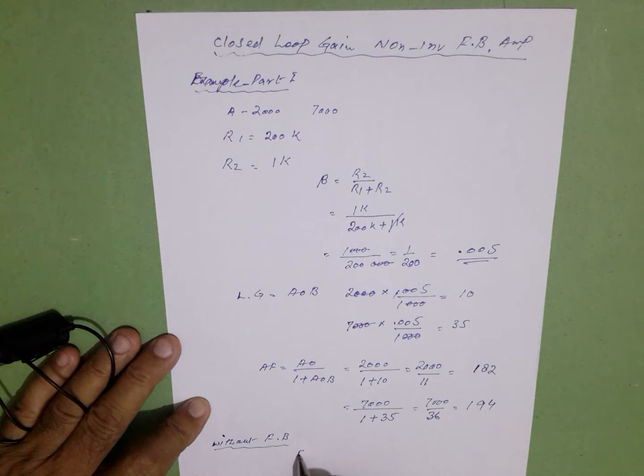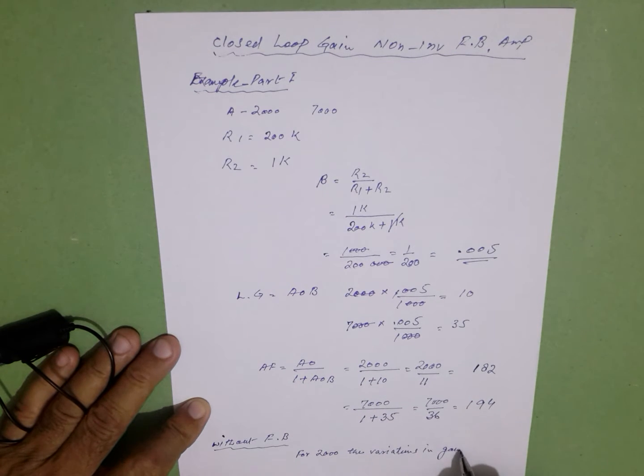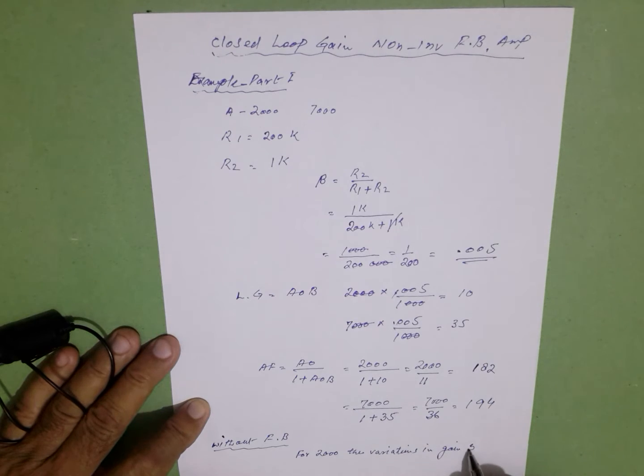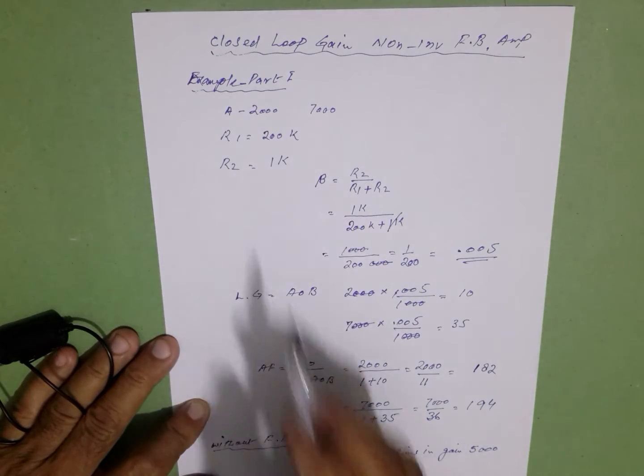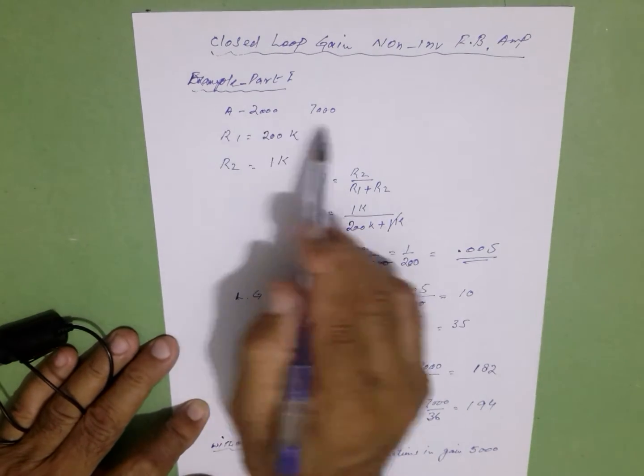For 2000 gain, the variation in gain was 5000. Why? Because it was 2000 and it varies to 7000, and the variation in gain is 5000.